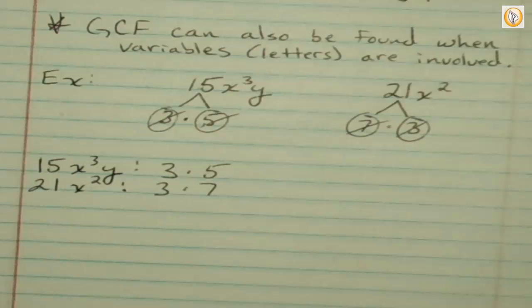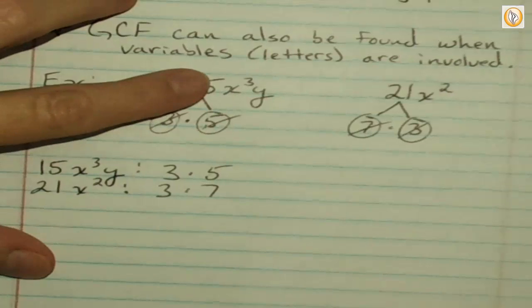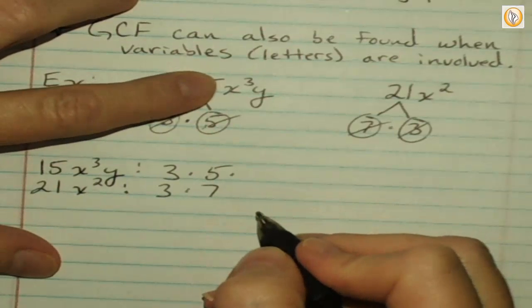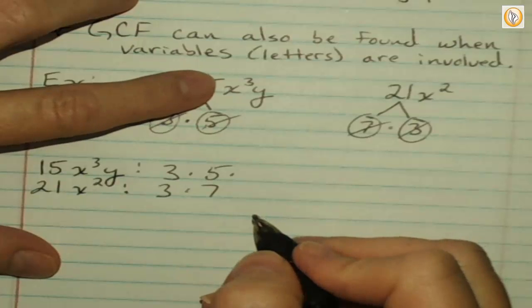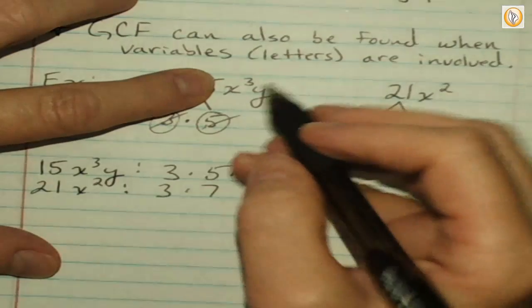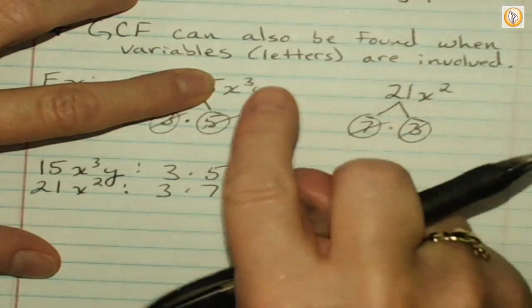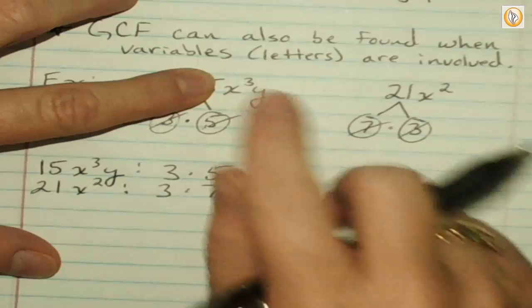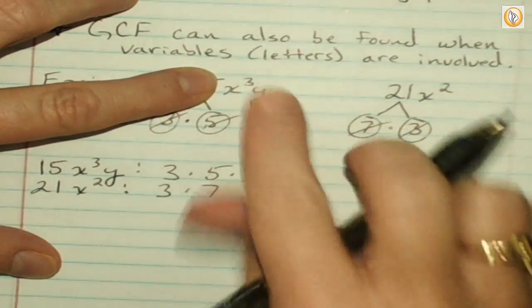You know what you do with the letters? You just list them. How many X's do I have? Michaela, how many X's do I have? 2. Right here, this one. Cecilia, how many X's do I have? 3. See, it's X cubed.